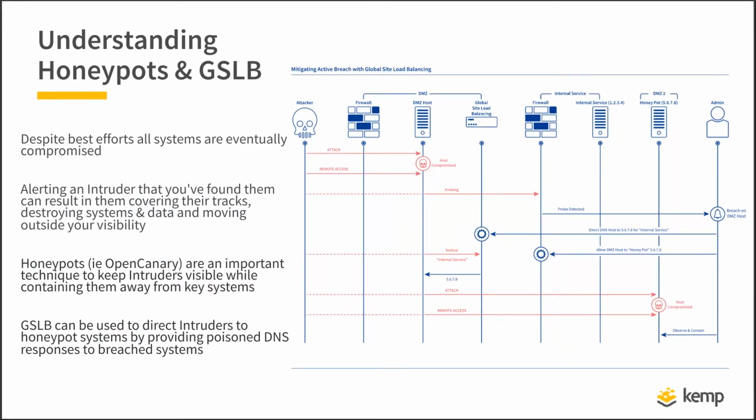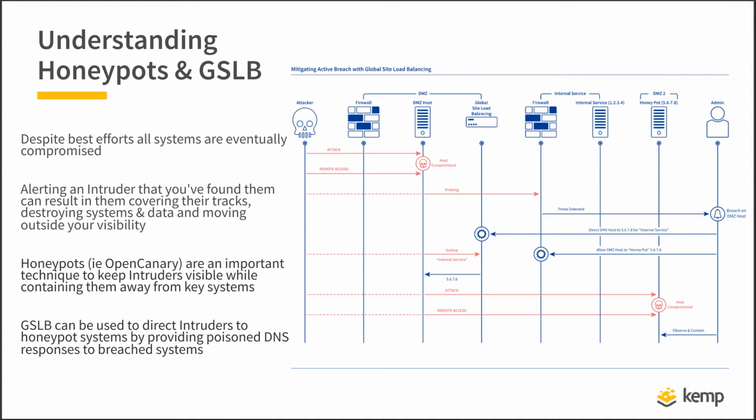So the next situation I want to look at is when you have an active intruder, that intruder's been detected, and then what do you do next? Again, no matter how effective you and your organization are and all the best efforts, eventually we're all going to be compromised. If you are really forceful in your response and shut down the infected host, give any kind of indication that you've discovered the intruder, often they have multiple points of entry.